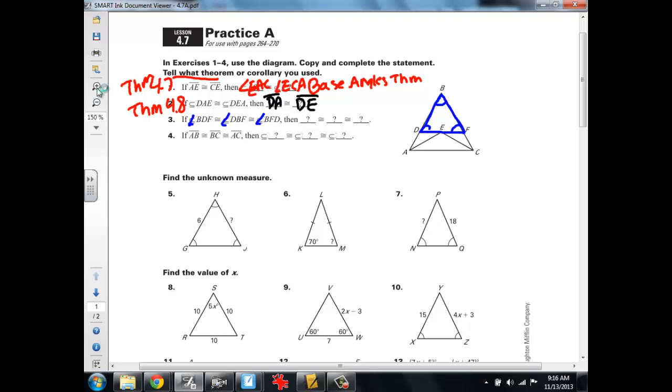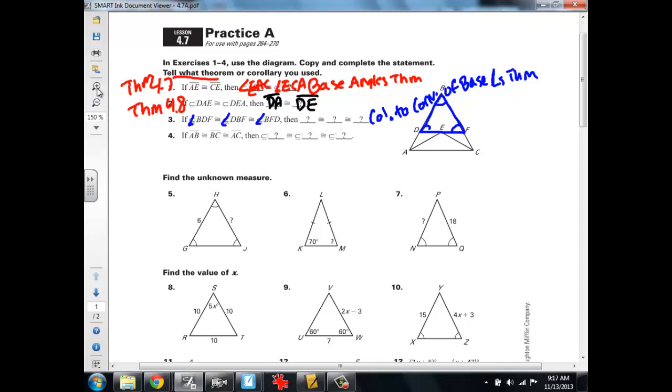So we have the corollary to the converse of the base angles theorem. Abbreviate it. I have to know what theorem you're talking about somehow. If you abbreviate it, make sure you get 2 C's in there. Otherwise, it's the first one.